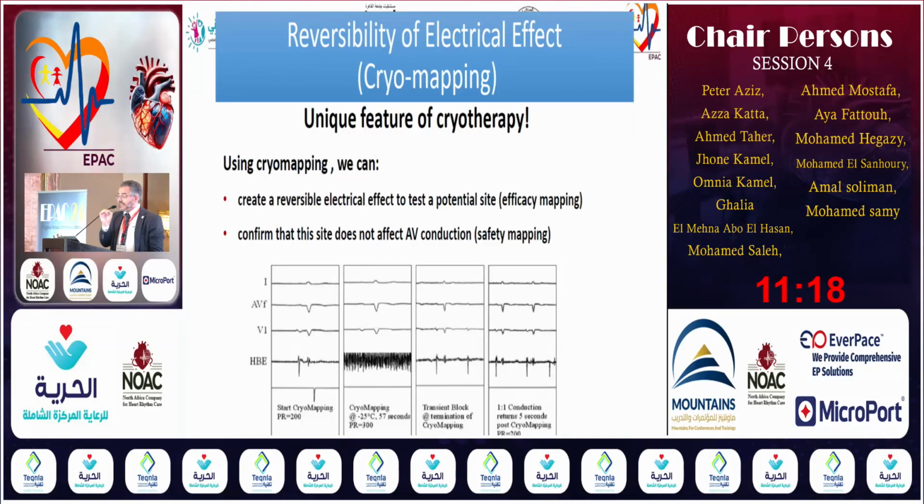Now, importantly, at this temperature, the effect I'm producing is completely reversible. So there's no permanent tissue damage at that site. So once I reach a site that is deemed both safe and effective in terms of not inducing heart block and in terms of terminating the tachycardia I'm looking at, I then can reduce the temperature further to -70, and this is the cutoff where the irreversible lesion creation starts.